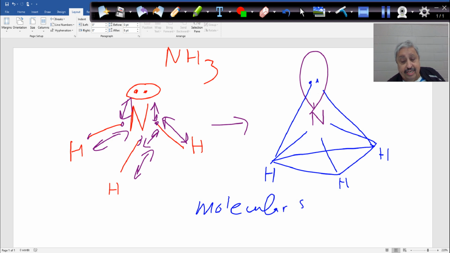This is the molecular shape. The molecular shape is called trigonal pyramid.